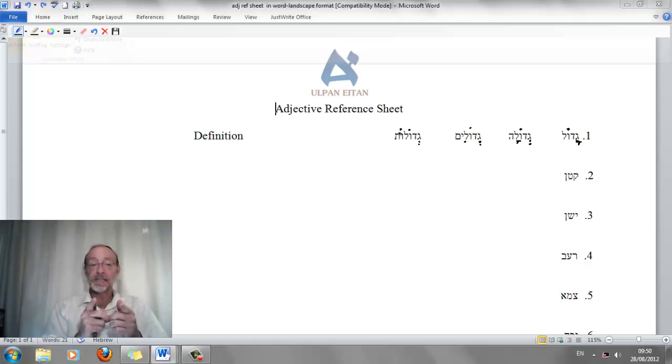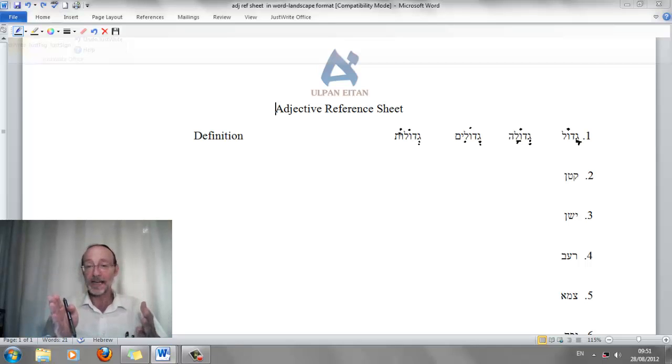The feminine singular has added on another letter, the he at the end, right? So because of the lengthening of the word, you'll tell me it's only one letter's worth. Yeah, it's true, but every little bit matters. So gadol, gedola, because the two standing dots under the gimel get you moving towards the end of the word. Gadol, gedola, gedolim, gedolot.